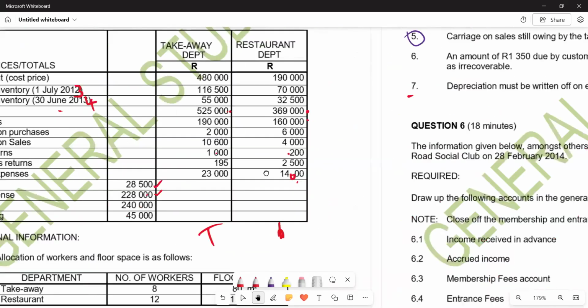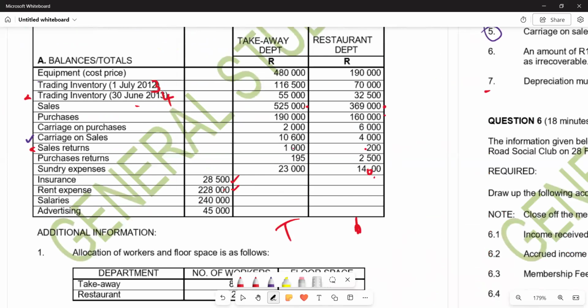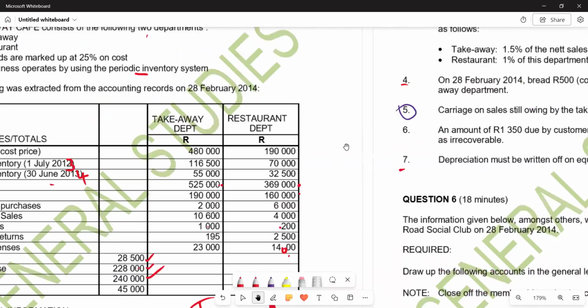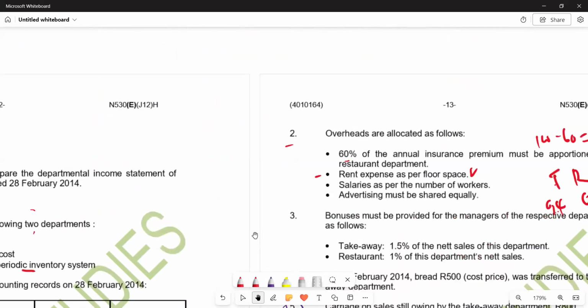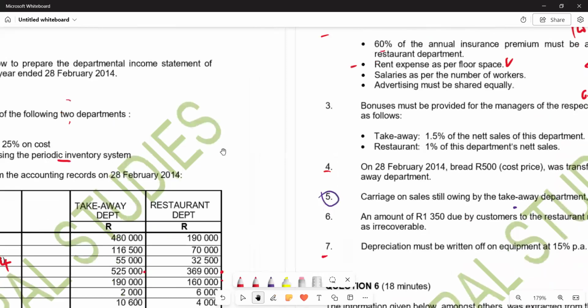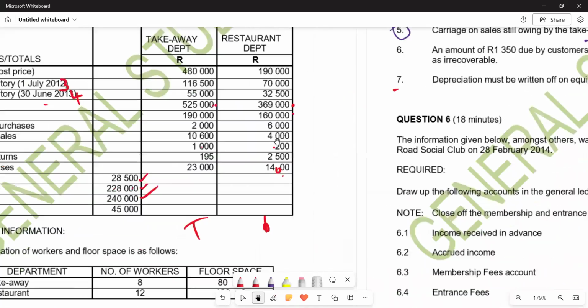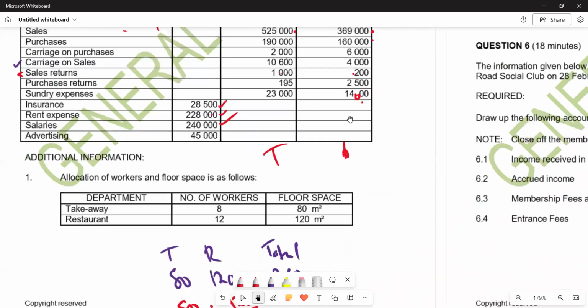So from rent, we have got salaries. And on salaries, we have got 240,000. I will go to check how we are going to apportion the salaries. Salaries is per number of workers. Number of workers were given as 8 and 12.